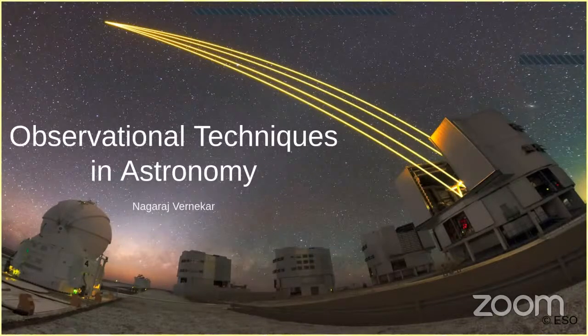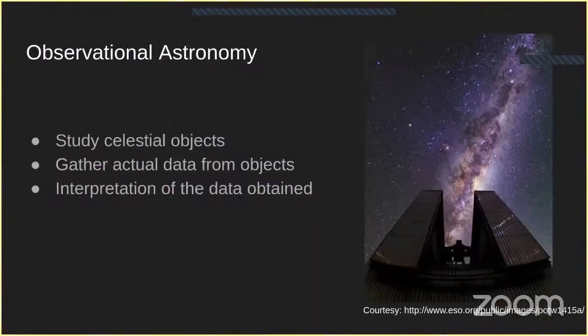Yeah, let's start now. So, what is observational astronomy? Astronomy is a wide field. It is further divided into three different subtopics, which are observational astronomy, theoretical astronomy, and computational astronomy.